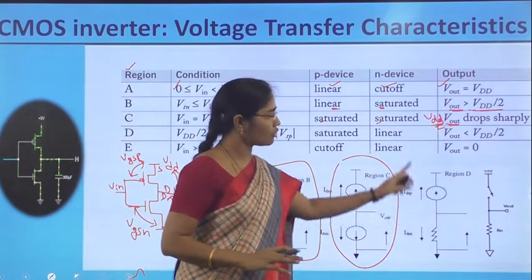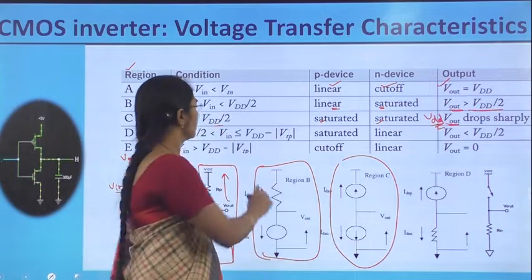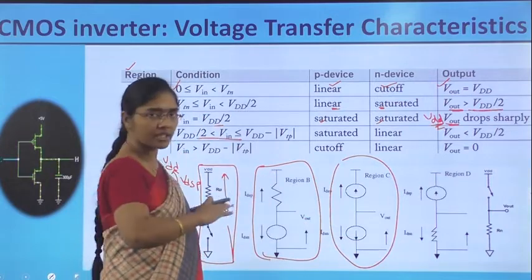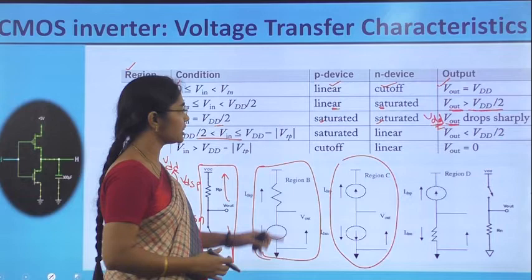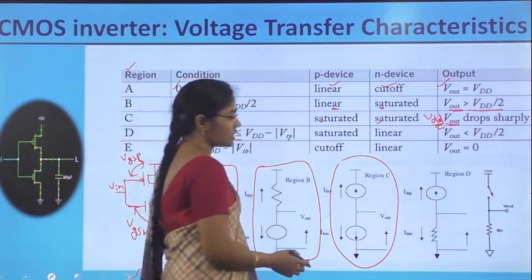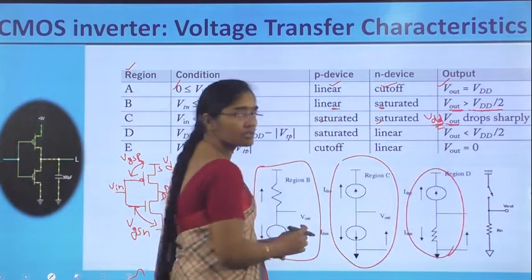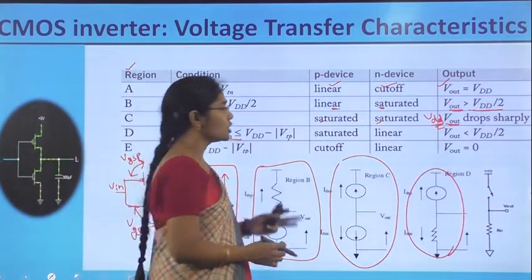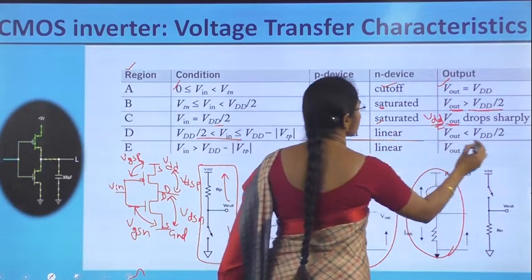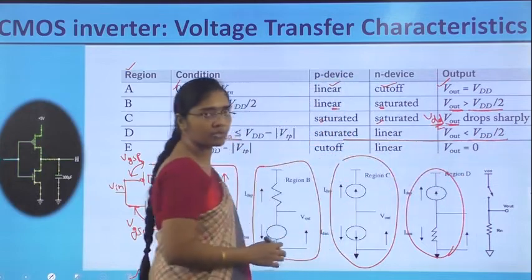Then in the fourth region, the input is greater than VDD by 2 and less than VDD minus mod VTP. Then the NMOS transistor is linear and the PMOS transistor is in the saturation region. So the output is less than VDD by 2.